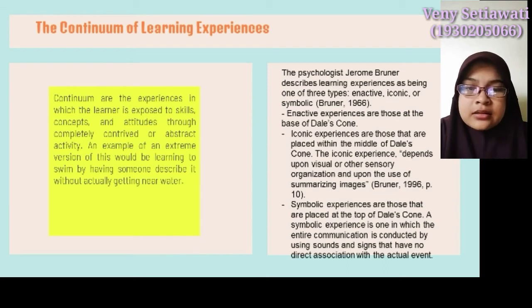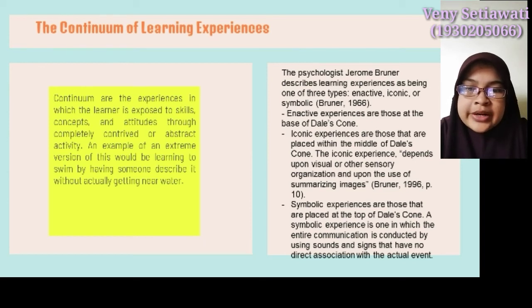Iconic experiences are those placed in the middle of this cone. The iconic experience depends upon visual or other sensory organization and upon the use of summarizing images. And the last, symbolic experiences, are those placed at the top of the cone.